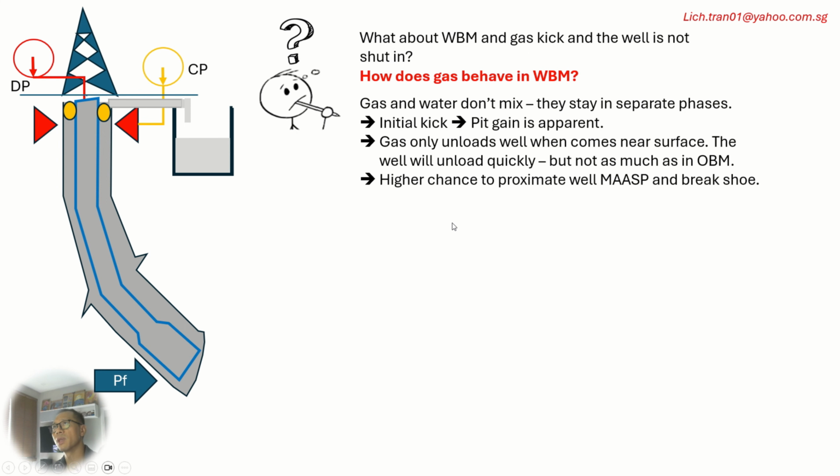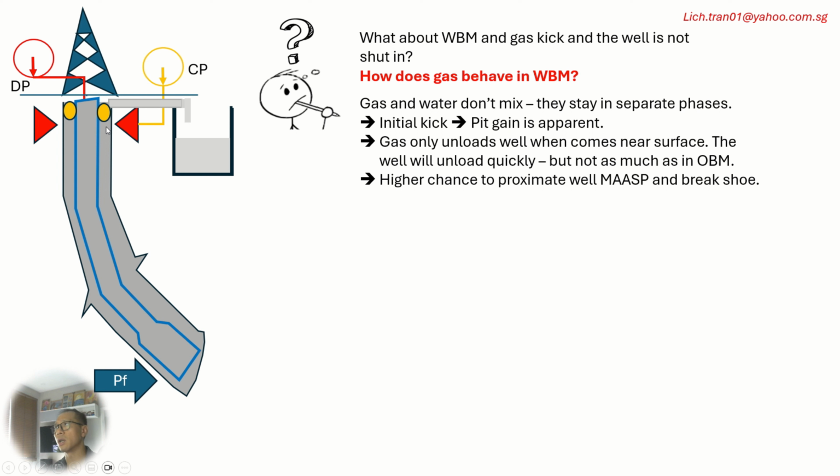So how are we going to explain that? We know gas and water don't mix together; they stay in separate phases. So at the initial kick, the pit gain is apparent, and you will notice it right away. Then you circulate, the gas travels up in the annulus and expands as it travels up, but not as much as in oil-based mud.